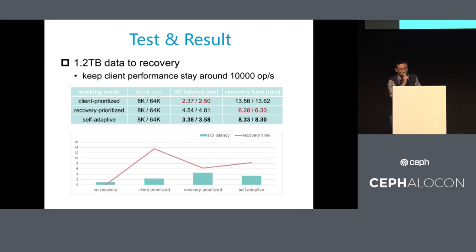And finally, we test these three working modes in one cluster. In this test, there are about 1.2 terabytes of data to recover. During the recovery, we keep the client's performance around 10,000 OP per second.